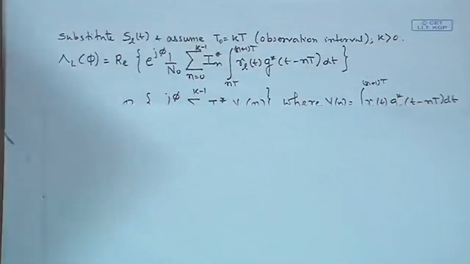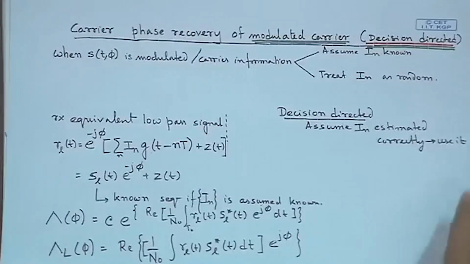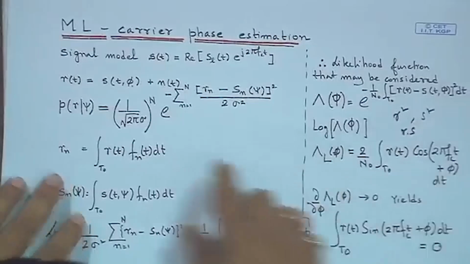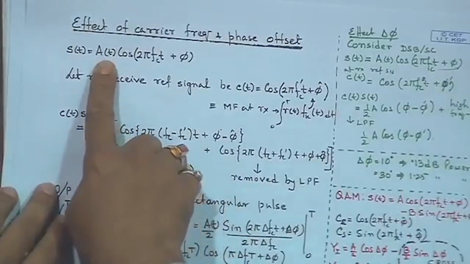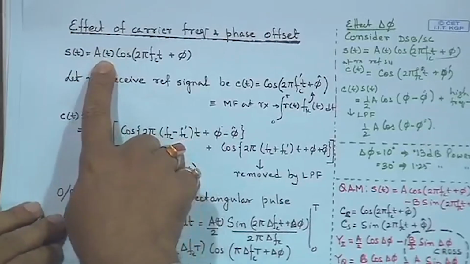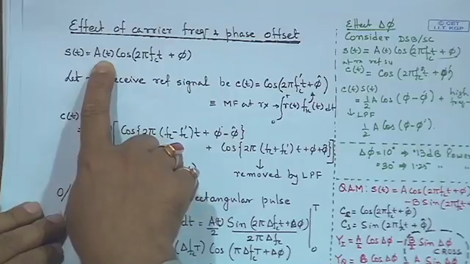So, for the modulated carrier, in this case A is not constant, but it is fluctuating with time.